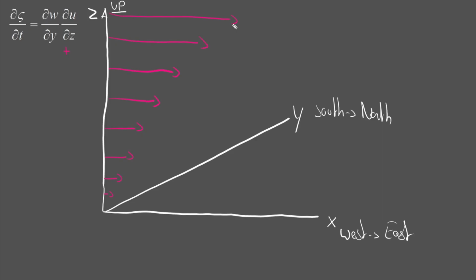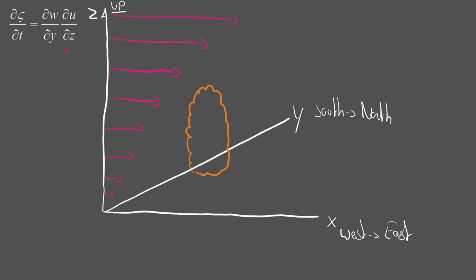Now, we want along the y-axis the dw/dy to increase. Now let's draw a thunderstorm here. There's a thunderstorm growing here, a thermodynamic updraft. All right, now bear with me what happens now.